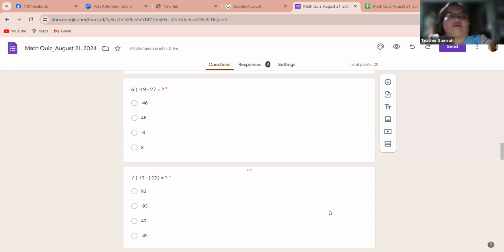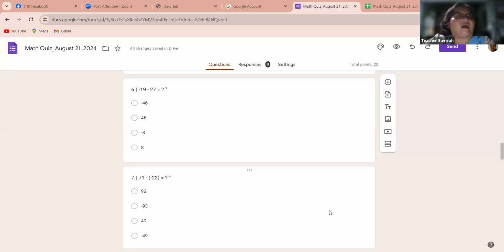According to the rule of subtraction of integers, if we are going to subtract two integers with different signs, a positive and a negative, what are we going to do?